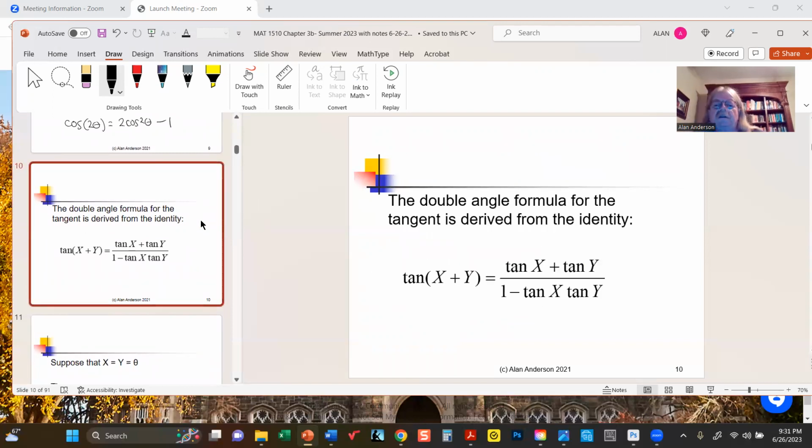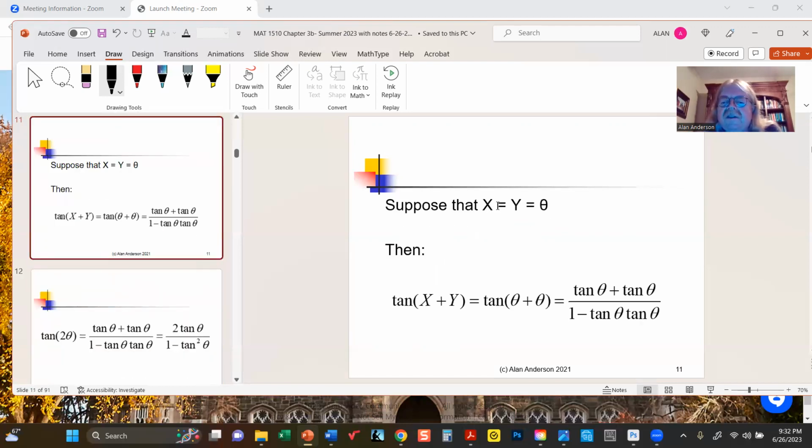Now, here's another identity that you may not have run across. It's possible you've seen this before, but it turns out that the tangent of x plus y is equal to the tangent of x plus the tangent of y, all over 1 minus the tangent of x times the tangent of y. So once again, to derive a double angle formula, we will assume that x and y are both equal to theta.